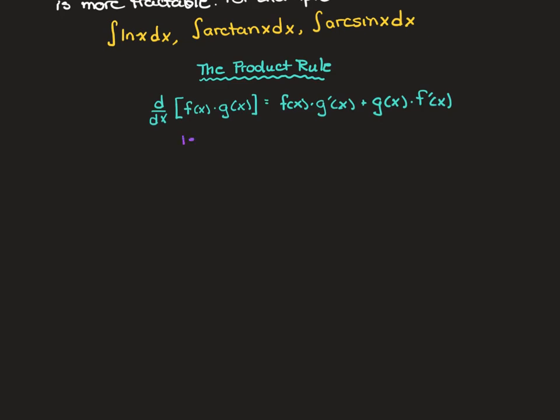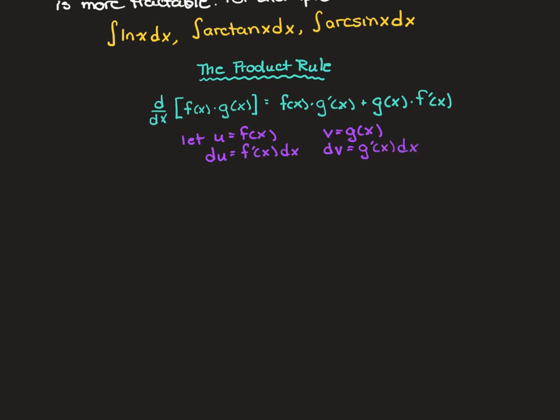I'm going to let u equal f of x and v equal g of x. Okay, then du is f prime of x dx, and dv is g prime of x dx.